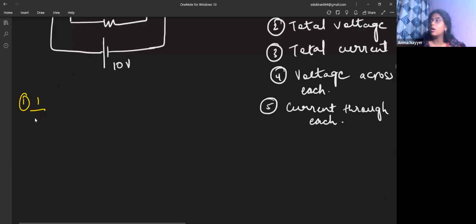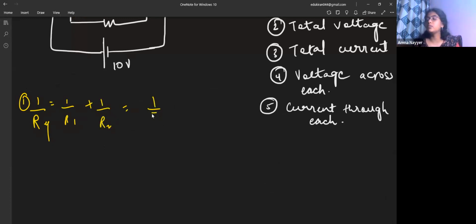Look at it, all of you, for the first part. 1 by R equivalent. This will be 1 by R1 plus 1 by R2. So that becomes 1 by 5 plus 1 by 10.